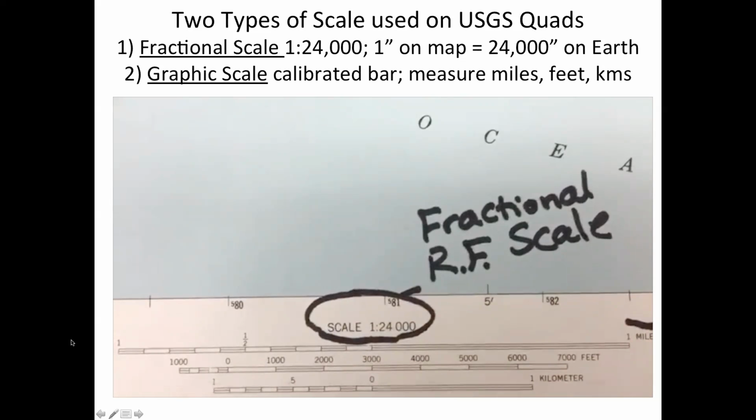And just below there, and we will be using this as well in our next map reading handout podcast, notice that we have units of miles, feet, and kilometers for those 3 different calibrated bars, that graphic scale that is also on our USGS maps.